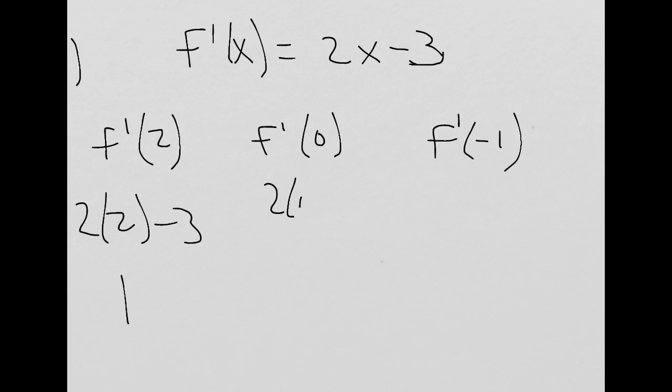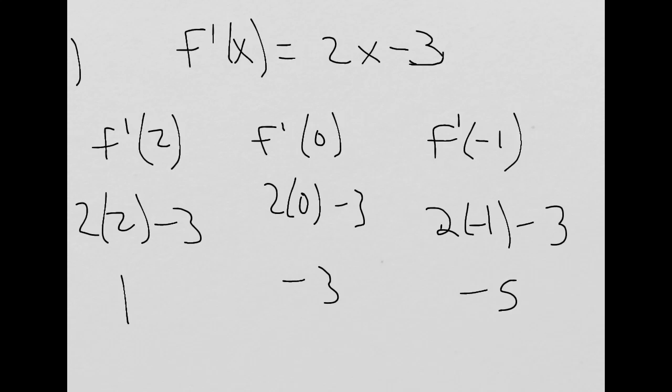And that's 2 times 0 minus 3, which is negative 3. And then it's 2 times negative 1 minus 3, which is negative 5. So f prime of 2 is 1. f prime of 0 is negative 3. And f prime of negative 1 is negative 5.